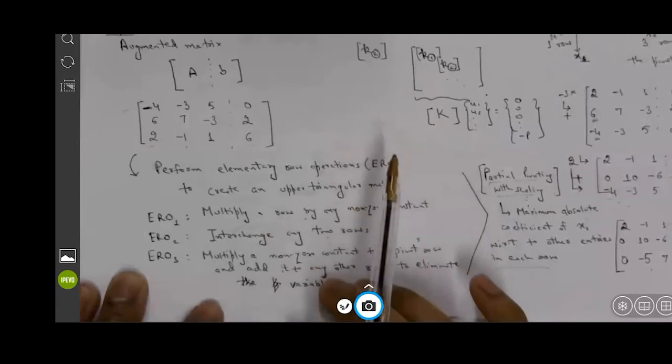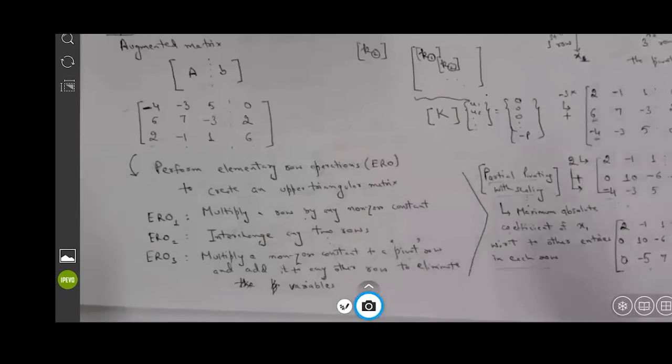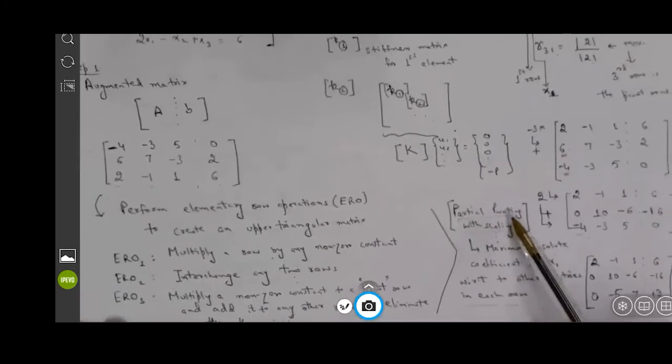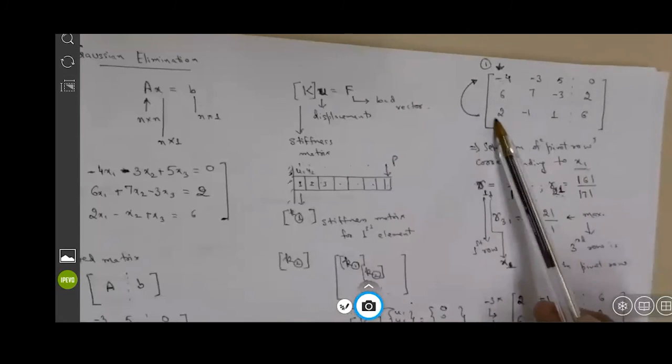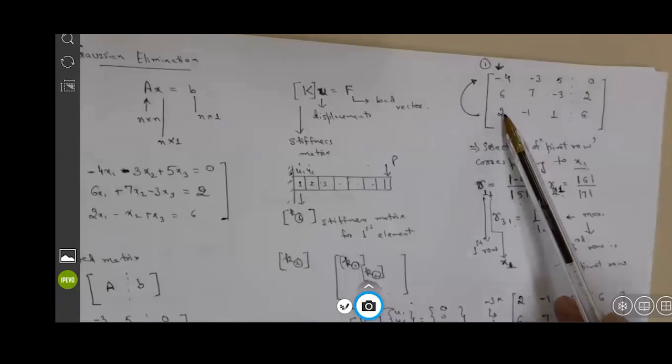So if you only do elementary row operations, that's what you have learned in chapter number 8, or what we have learned so far in our previous maths classes. You do not worry about partial pivoting. Partial pivoting means you are trying to find the pivot row. The pivot row is the one used to eliminate the coefficients corresponding to x1 in other rows.